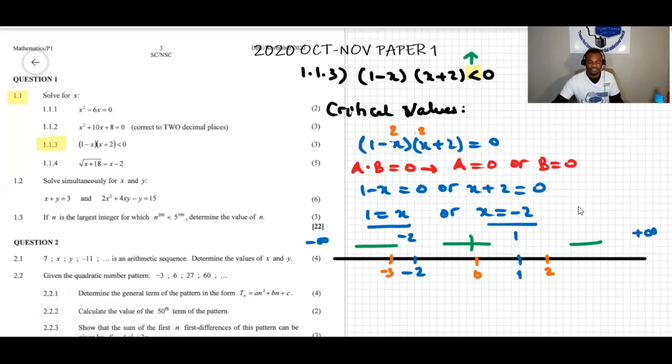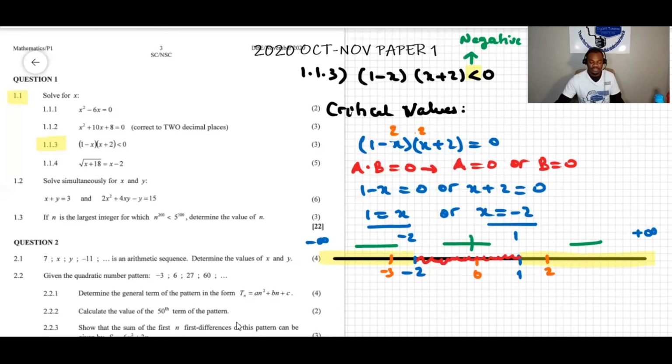We want the solution that is negative, according to the question. So our solution will lie from negative infinity to -2 and from 1 to positive infinity. The solution is not defined between -2 and 1.